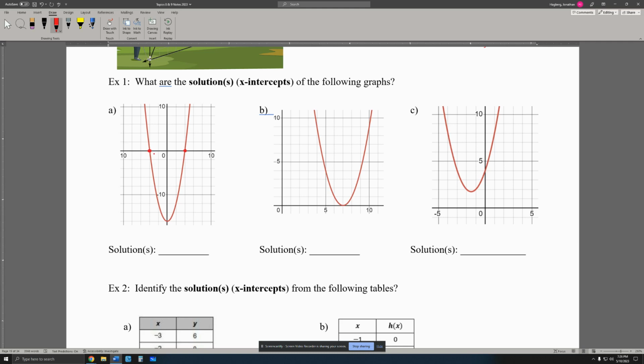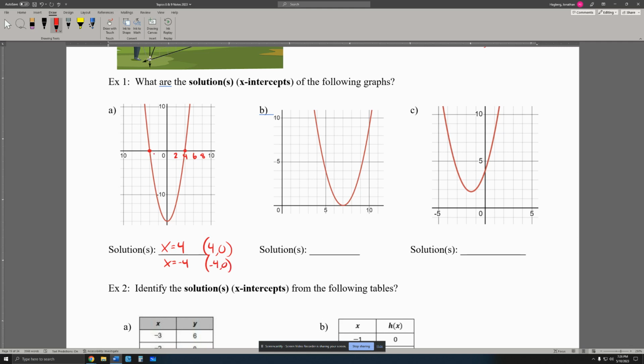Every tick mark is 2 because it takes 5 tick marks to get up to 10. So that tells me that we have solutions at positive 4 and negative 4. So solutions, x equals 4, x equals negative 4. We would write these as x-intercepts, 4, 0, or negative 4, 0. So I'll write both forms here as intercepts, but also as solutions.